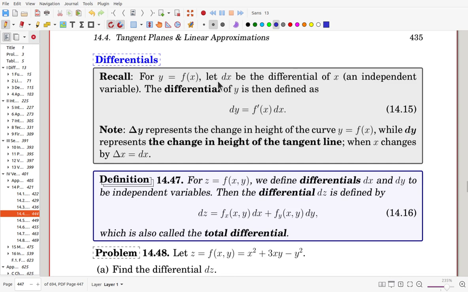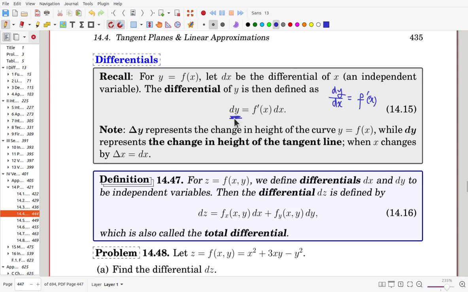Like y equals f of x, then dy over dx equals f prime of x. This derivative can be seen as a quotient. In fact, it's not a quotient, but if you look at it as a quotient, then dy is the same as f prime of x dx. Now, you learned this one from calculus 1. And here you have to be careful.